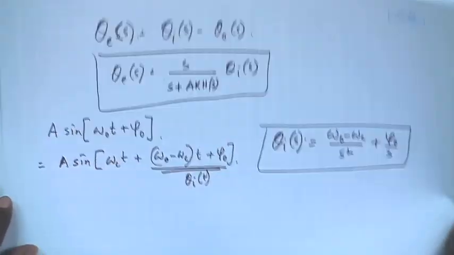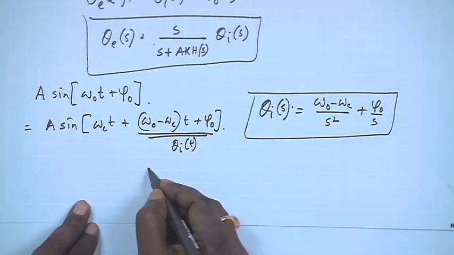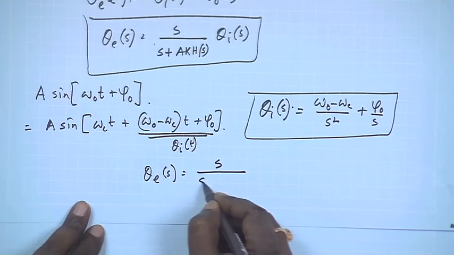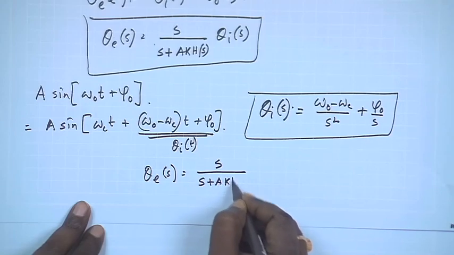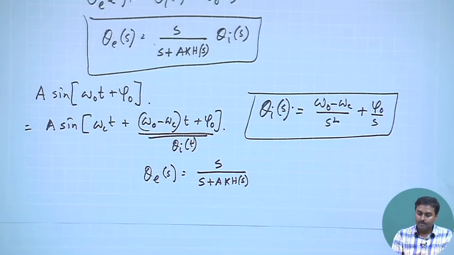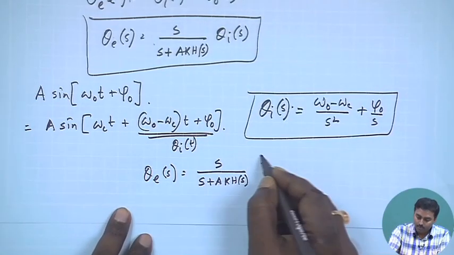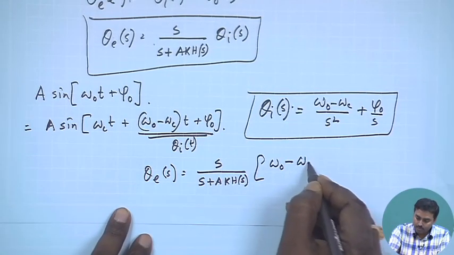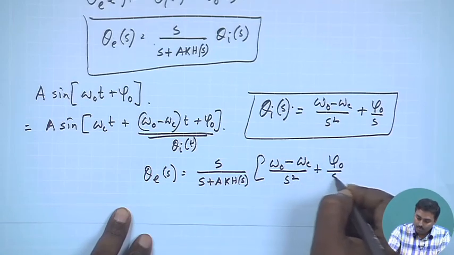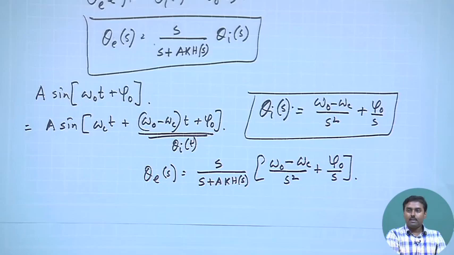So, immediately I can write theta e(s) as S by (S plus A k H(s)) into theta i(s), right. So, that was what we have already written. So, theta i(s) I can write over here. So, that should be (omega 0 minus omega c) divided by S square plus phi 0 by S, right. So, we get this.